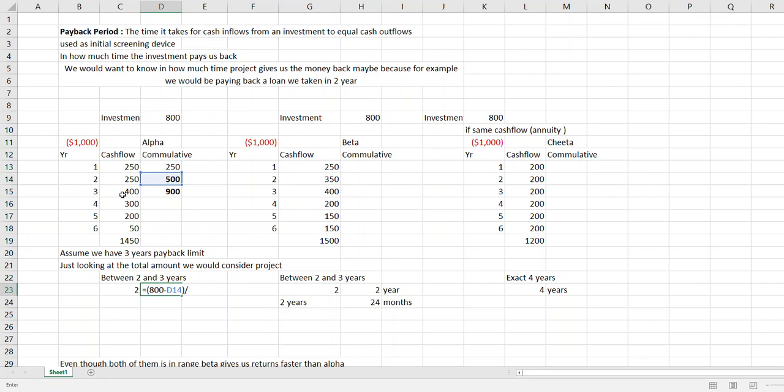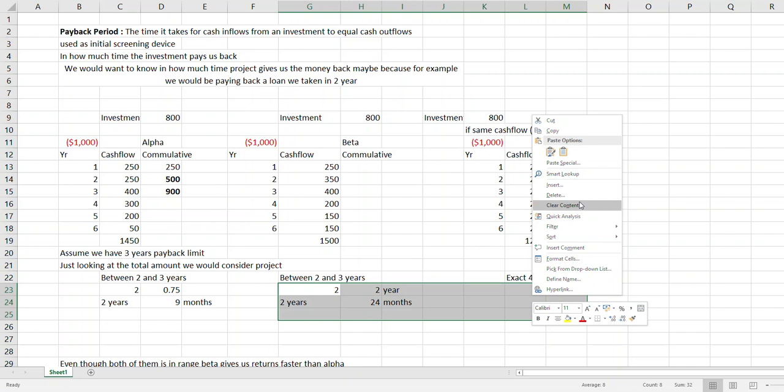Divide that by the cash flow that you receive in the third year. It becomes about 0.75. So in about 75% of the year, in 3 quarters, we will receive our money back. So 2 years and 3 quarters, 2.75 years. If you take 0.75 multiplied by 12, it becomes 9 months. 2 years, 9 months.